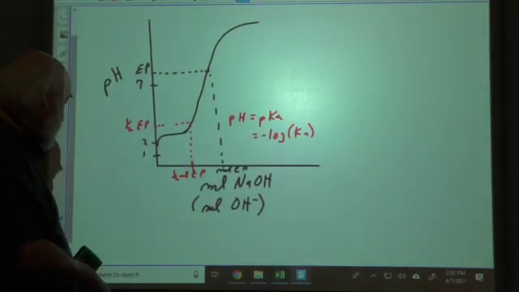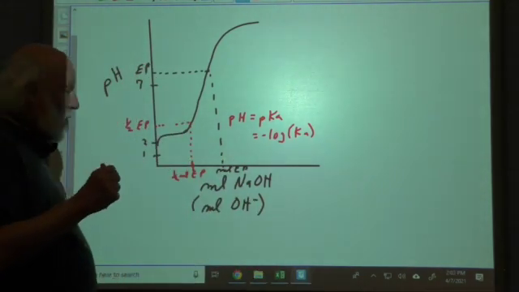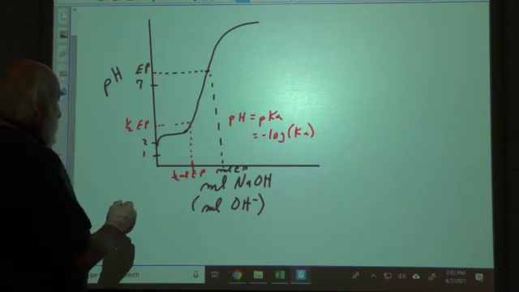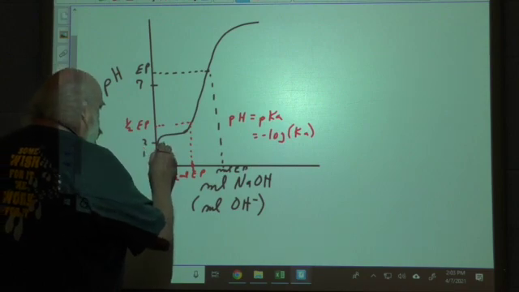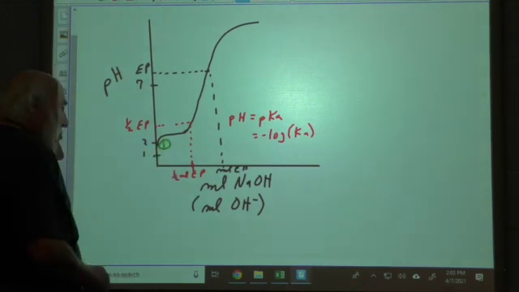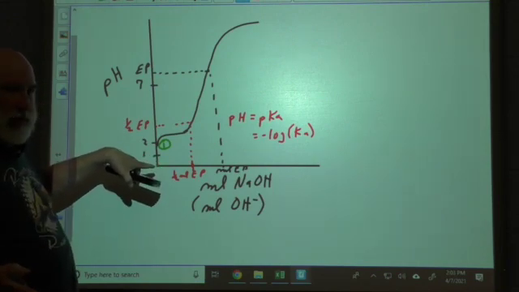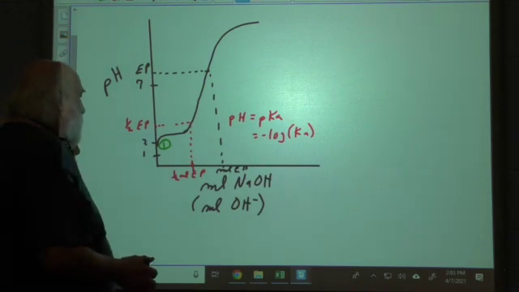Now, again, I want to emphasize the differences between the strong acid, strong base, and weak acid, strong base titration. This is stage 1 for the weak acid, strong base. That is much higher than the 0.3 we had if we got the equivalent strength of strong acid.